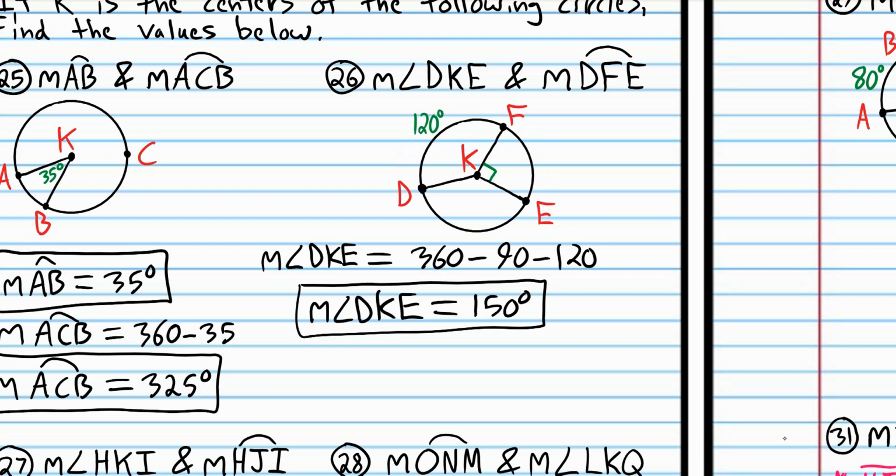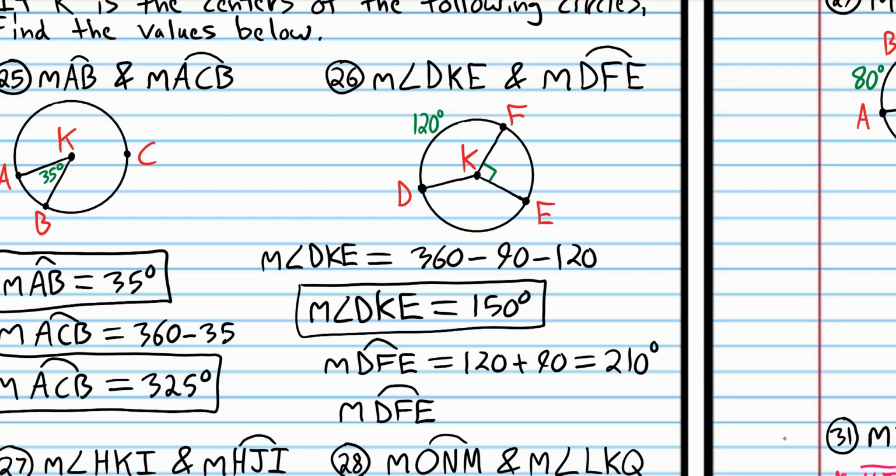So for that, we just add the arc measures based on the arc addition postulate. Again, this is a central angle, but we can consider the corresponding arc to be the same. So it's 90 degrees. So 120 plus 90 is 210 degrees. So the measure of arc DFE is 210 degrees.